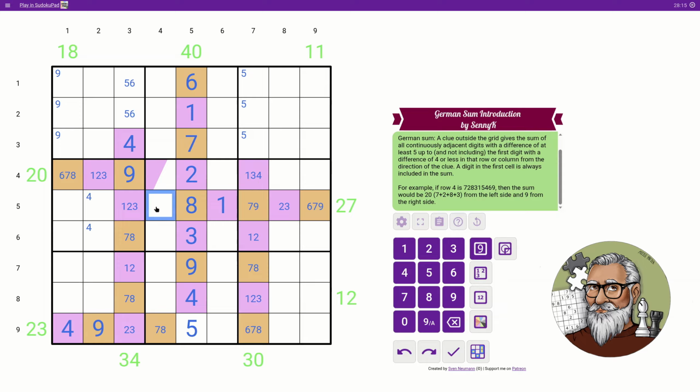Now I can put a 5 here, but I don't need to. Right. What do I know here? 9 leaves me with 18. 18. Okay, what are my options? So 9 and 6 is 15 plus 3 works.